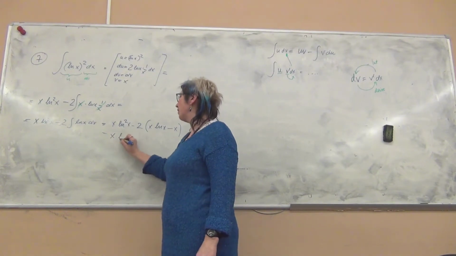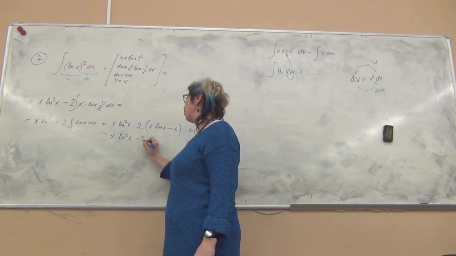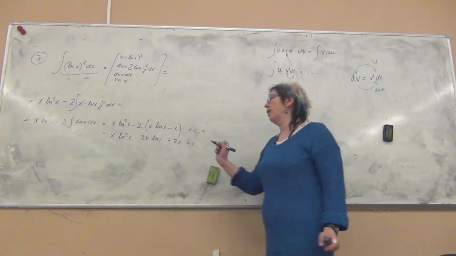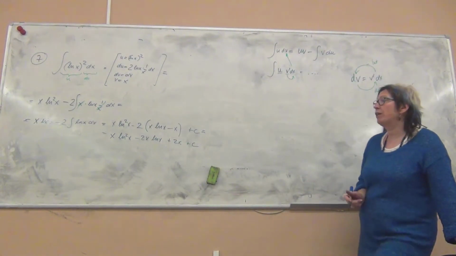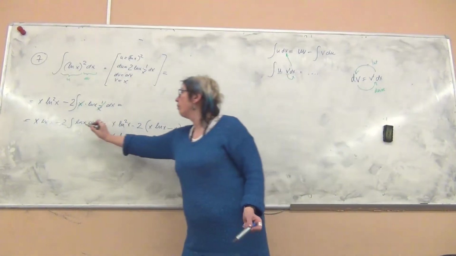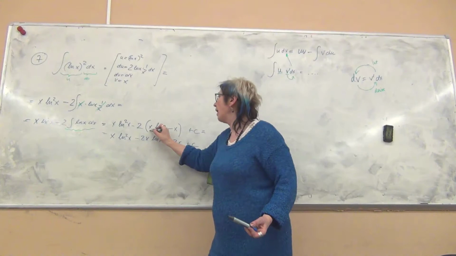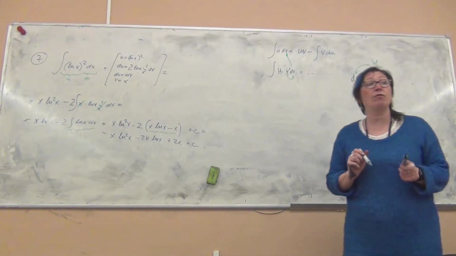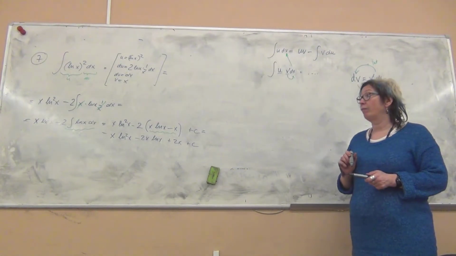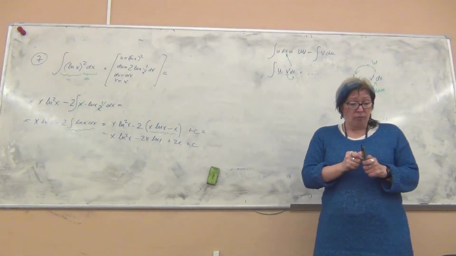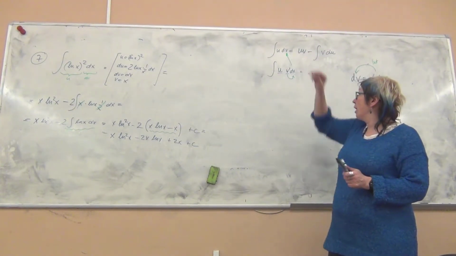Or finally x ln squared x minus 2x ln x plus 2x plus c. Is the final answer for this. So for this integral, I simply used what we obtained in the first example. We did this integral just after I gave you the formula.